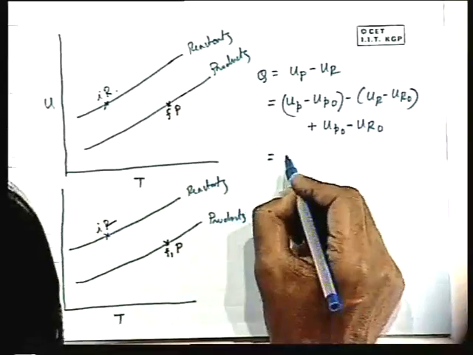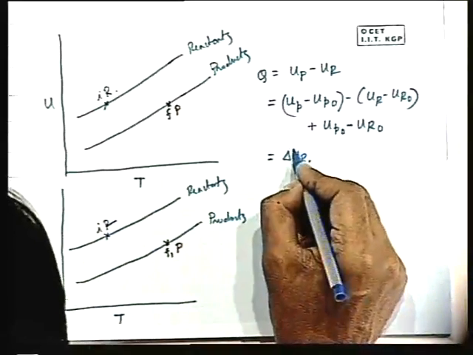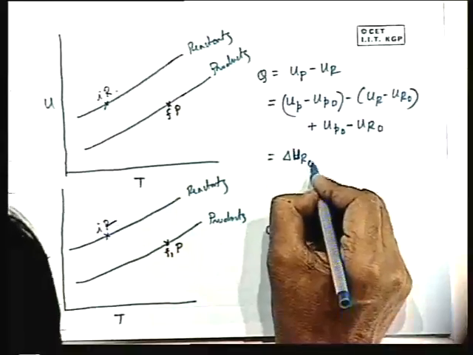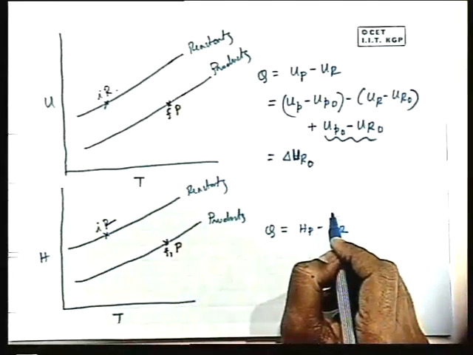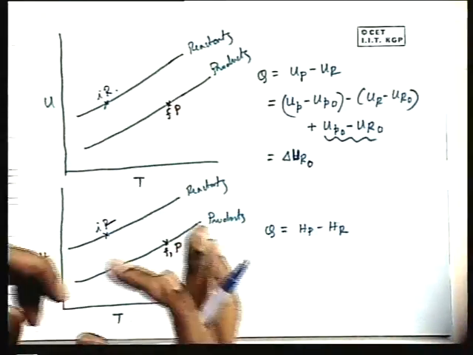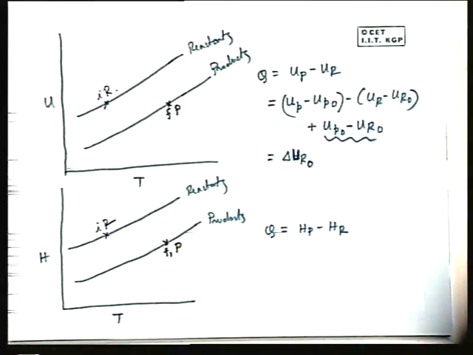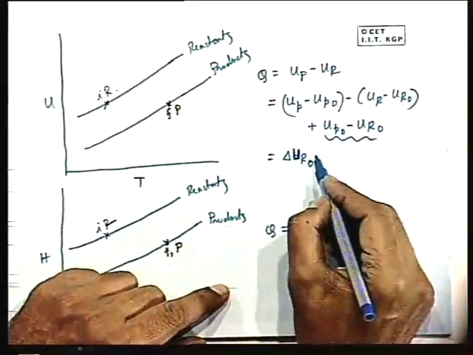That means this becomes equal to delta UR0, which is the internal energy of reaction, which is given. These are the given things. In a table we get this internal energy of reaction. That is why I am rearranging this in terms of that for my easier calculations.